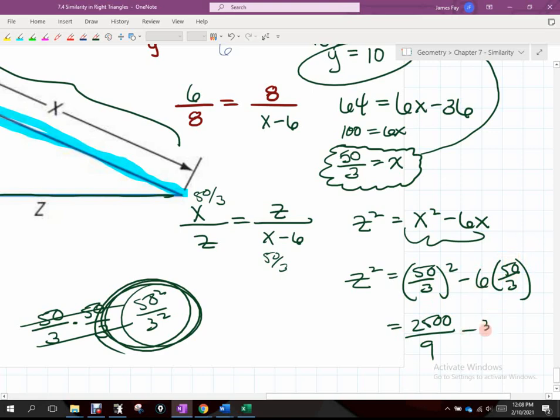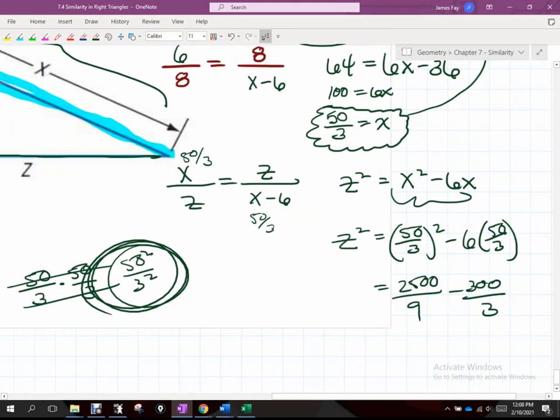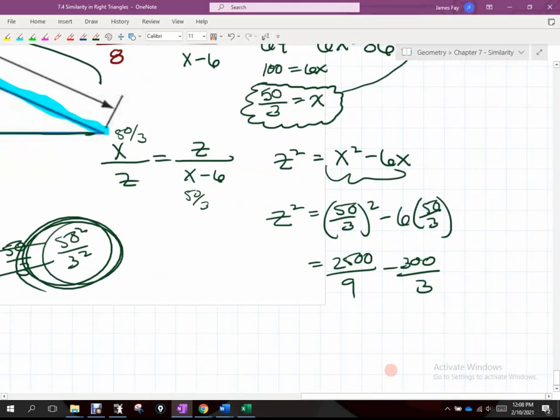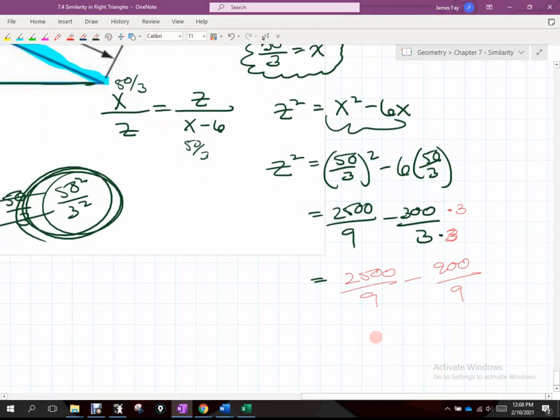So it's going to be minus 300 over 3. How do I subtract fractions? Common denominator. So you multiply that by 3, multiply that by 3. So I've really got 2,500 over 9 minus 900 over 9. So it's going to give me, what, 1,600 over 9?